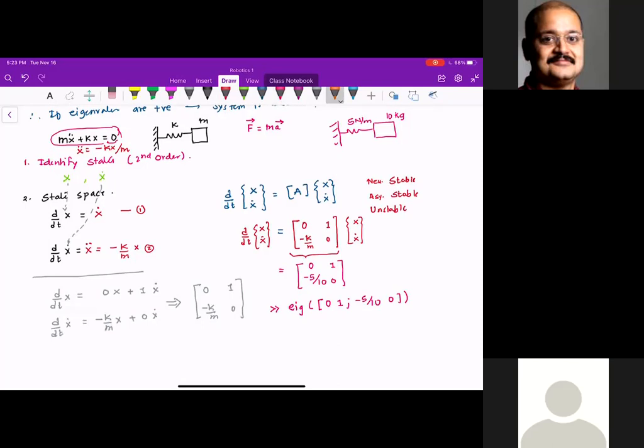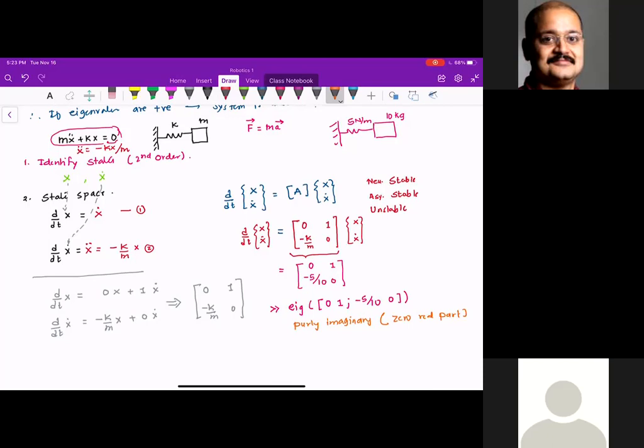Those eigenvalues will be purely imaginary, which means zero real part. So what that tells me is that the system is neutrally stable.